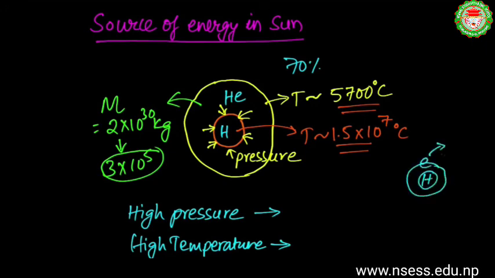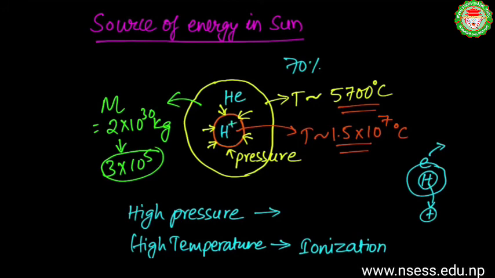Now, because of this high temperature, the hydrogen atom's protons get separated, and these free protons of hydrogen get ionized due to high pressure and high temperature. Free protons of hydrogen get combined to form heavier atoms.